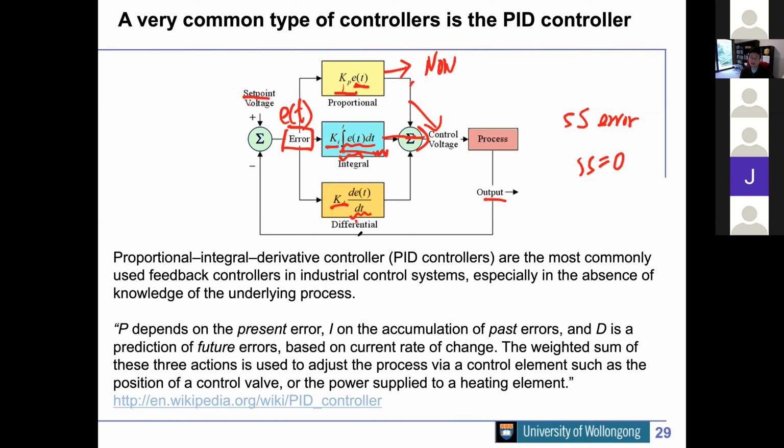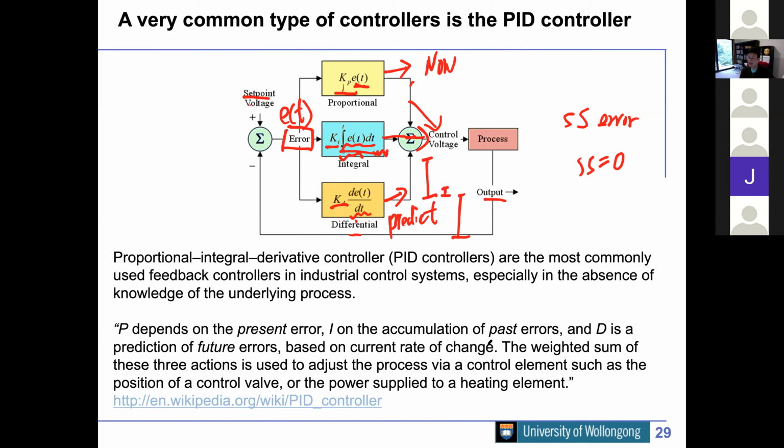KD is what we call the differential term, or we can call it a predict term. This is about how fast the error is changing. You might say, oh, the system doesn't have much error now, but you can see that last step the error is super big, and this step there is no error. But the controller still wants to punish it, because it can predict the future if things are going linearly.